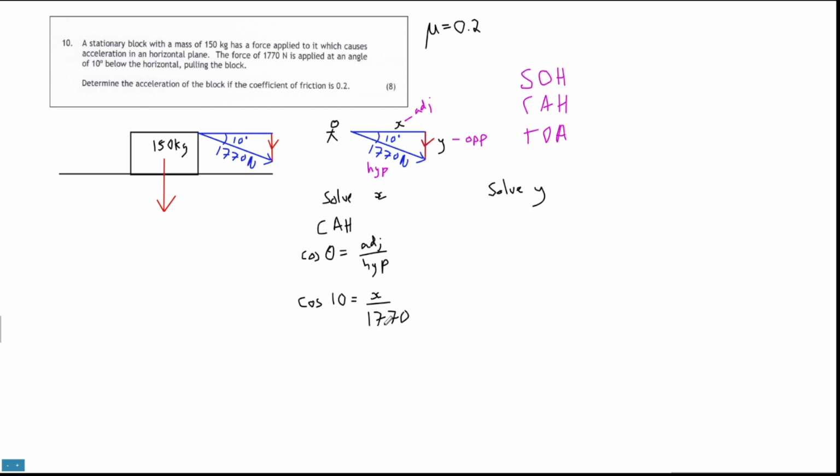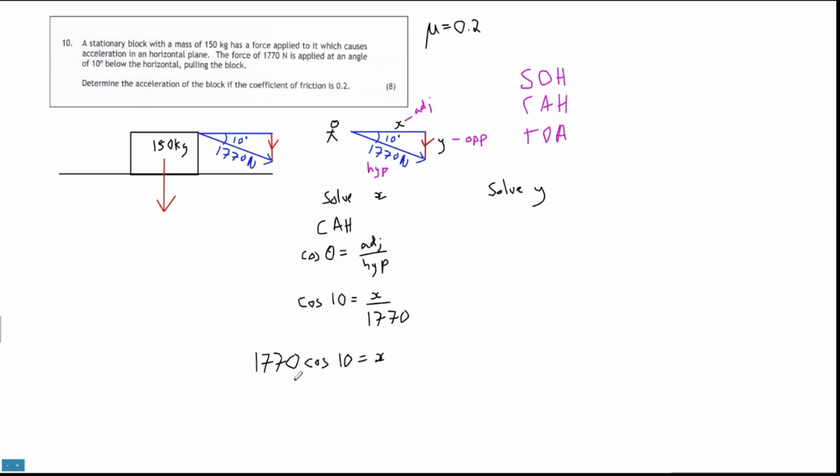In order to solve for X, we just multiply both sides by the 1770. So I get 1770 cosine of 10 is equal to my X value. And that's really nice. It's really easy, really clean. It's always like that. We're constantly breaking diagonal forces into the X and Y elements.